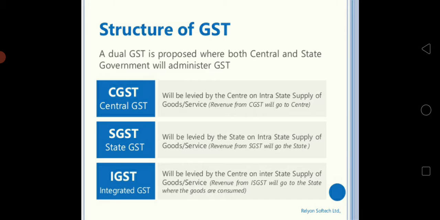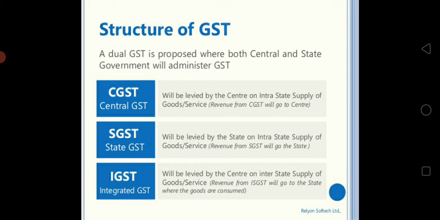Both the center and state have concurrent powers to tax various transactions. In fact, this was one of the main reasons behind the states' initial opposition against the introduction of GST. Therefore, the task force has recommended that the GST to be implemented in India would be dual in nature.